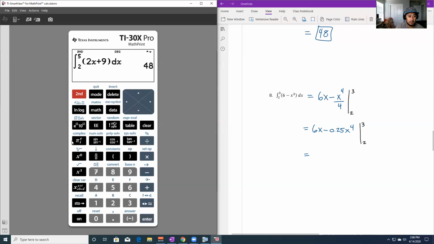So I'm just going to go second integral 2 to 3 of 6 minus x cubed. There it is. Enter. I get negative 10.25.